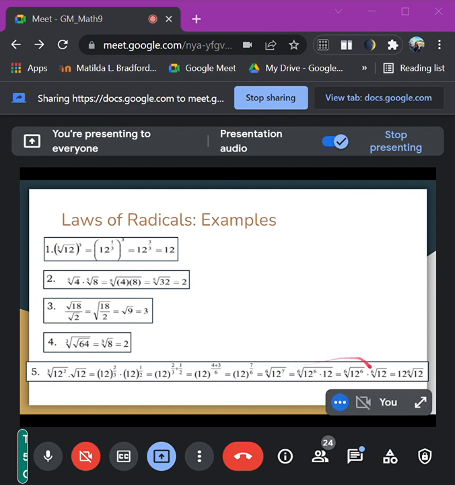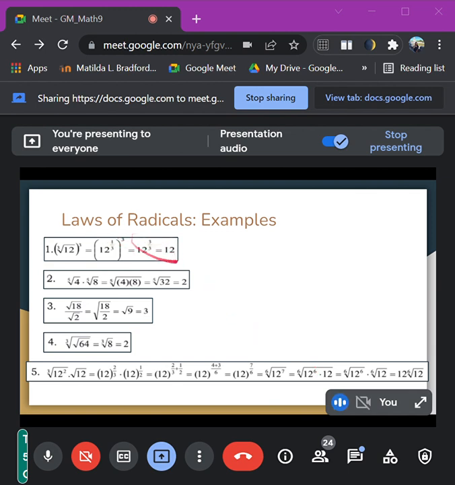Why do we do that, class? In order for us to cancel. If the index and the exponent are the same, they can be canceled.